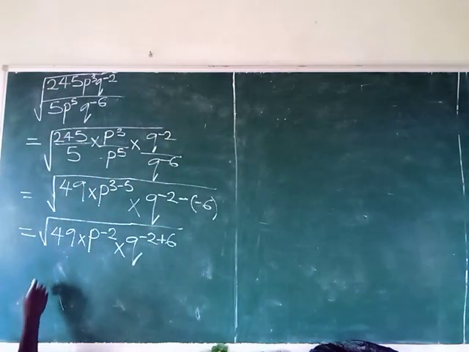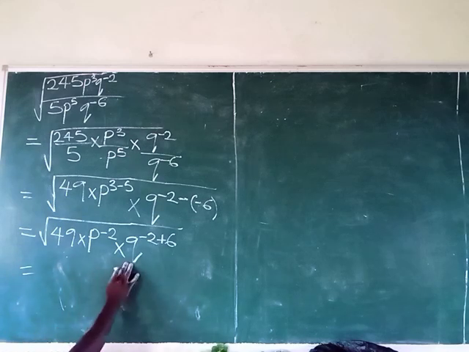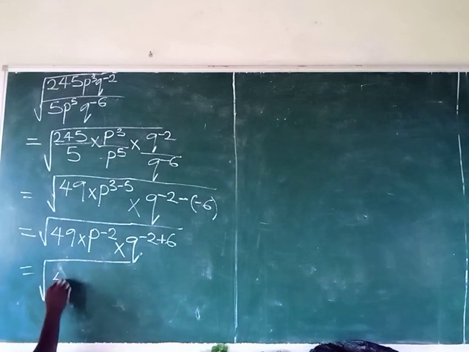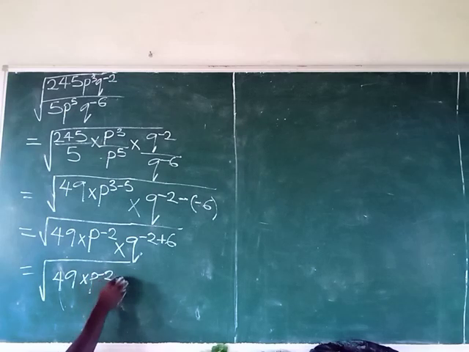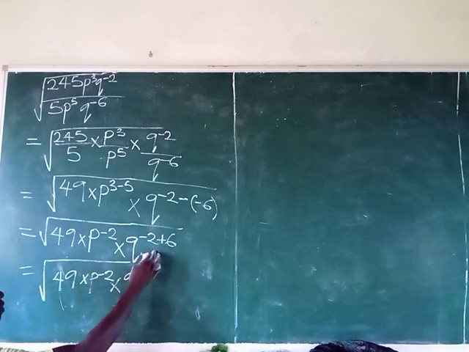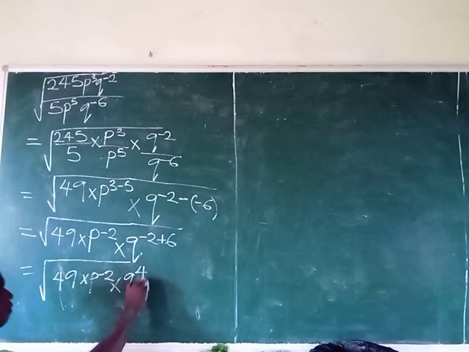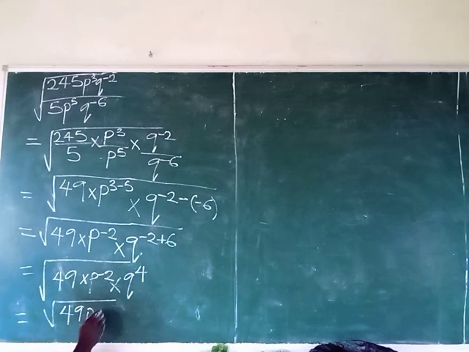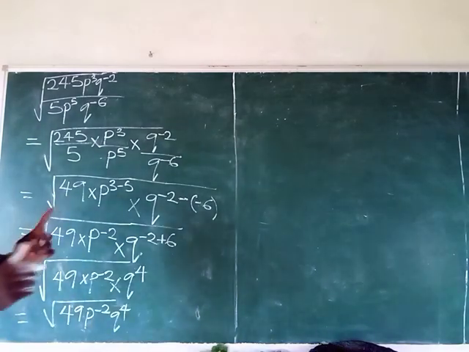And so that will arrive us at, still with the square root, 49 times P raised to the power of minus 2 times Q raised to the power of, now minus 2 plus 6, that will give us 4. So this is equal to 49 P raised to the power of minus 2 Q raised to the power of 4. But we're not done.